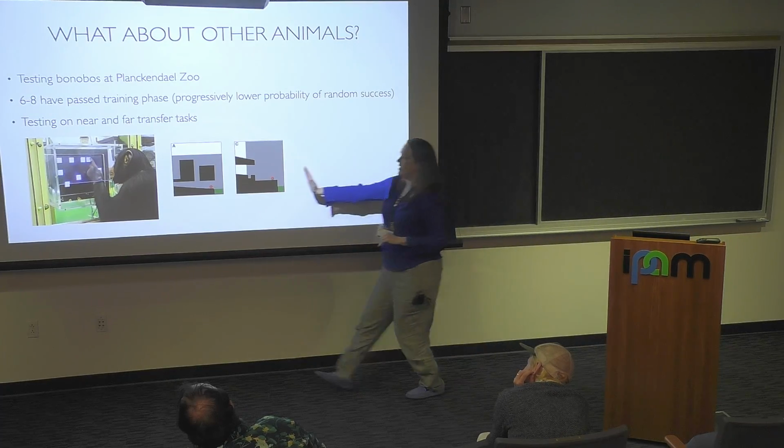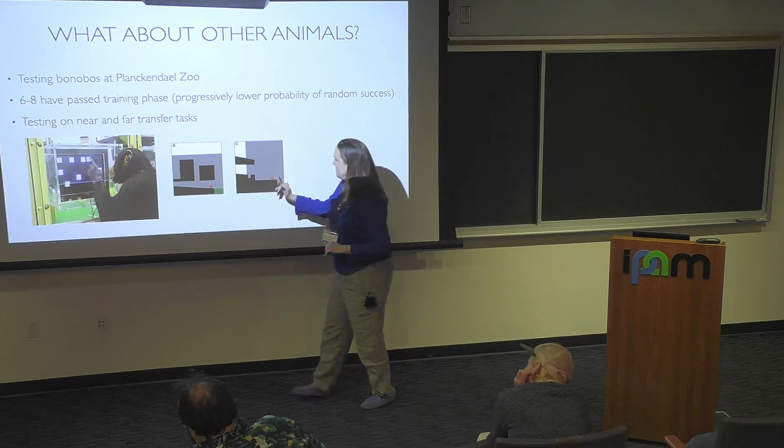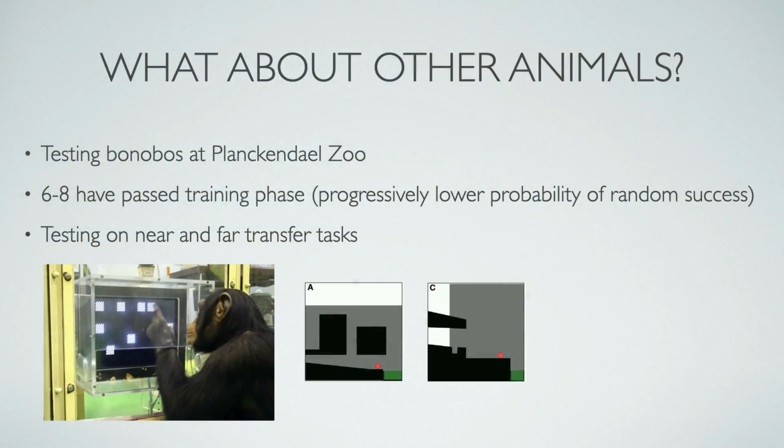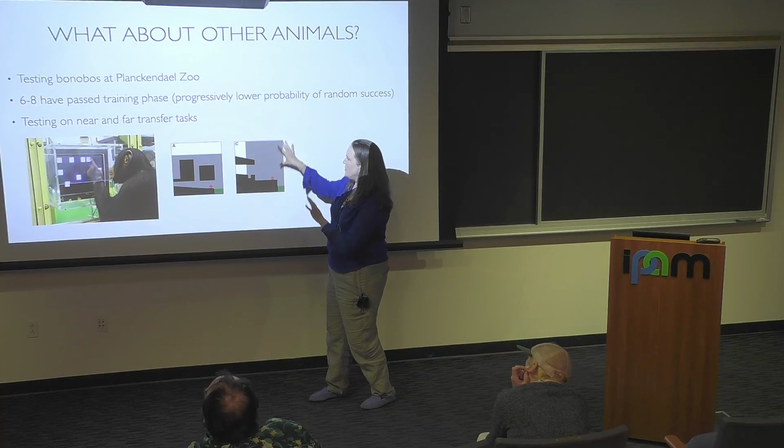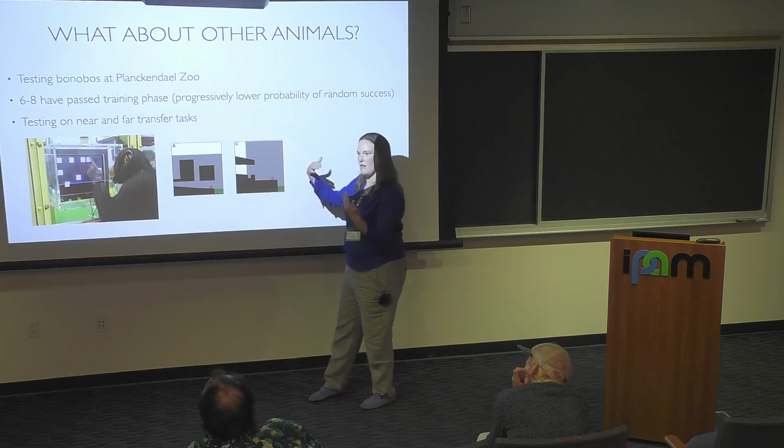So if we train them on something like this, we might test them on something like this, where the idea of a trap is still the same, but the layout of where they can place the object is quite different. And the no-place zones here in dark gray are also quite different.